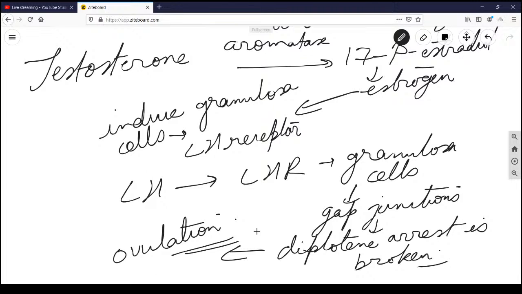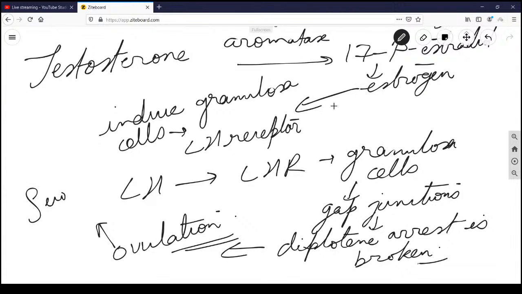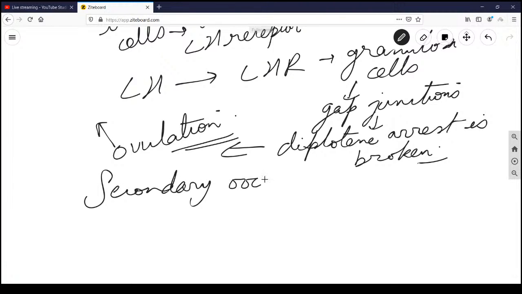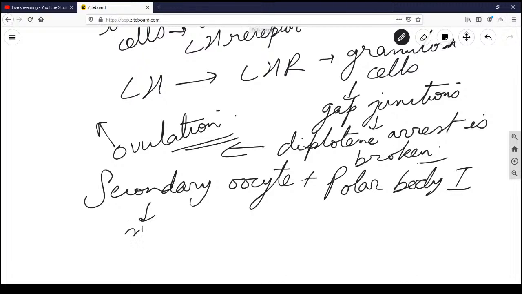Okay, so after this, ovulation has happened. During the ovulation process the primary oocyte has become a secondary oocyte, and a first polar body, polar body 1, has been generated, and the secondary oocyte enters meiosis part 2.